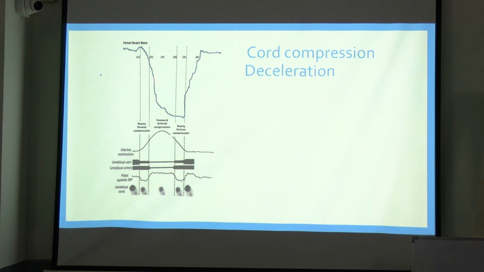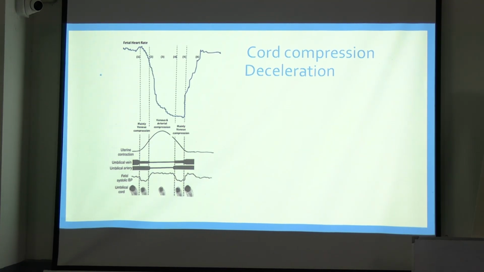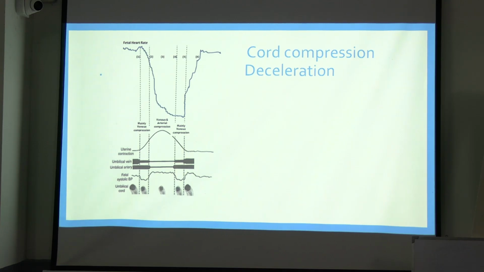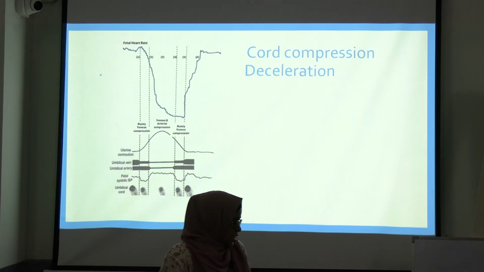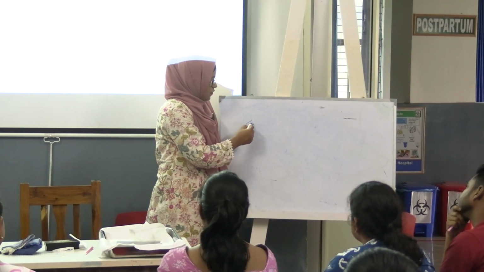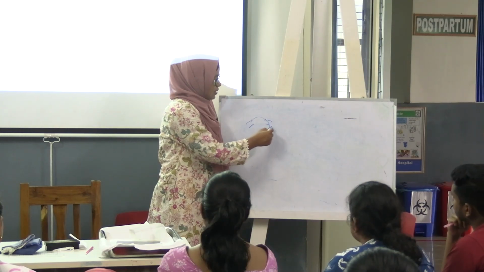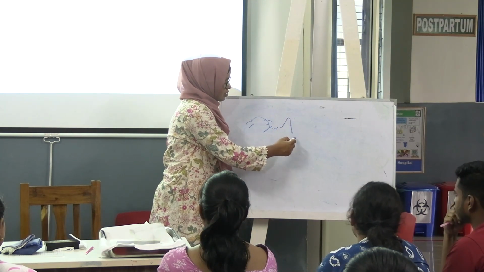And here there is deceleration. And when coming back to the normal, what happens is that during the contraction, there is compression of the umbilical artery. You need to understand this. In the starting, because the vein wall is thin, the vein wall is compressed, so it will stimulate the sympathetic system and will cause increase in heart rate before the deceleration.